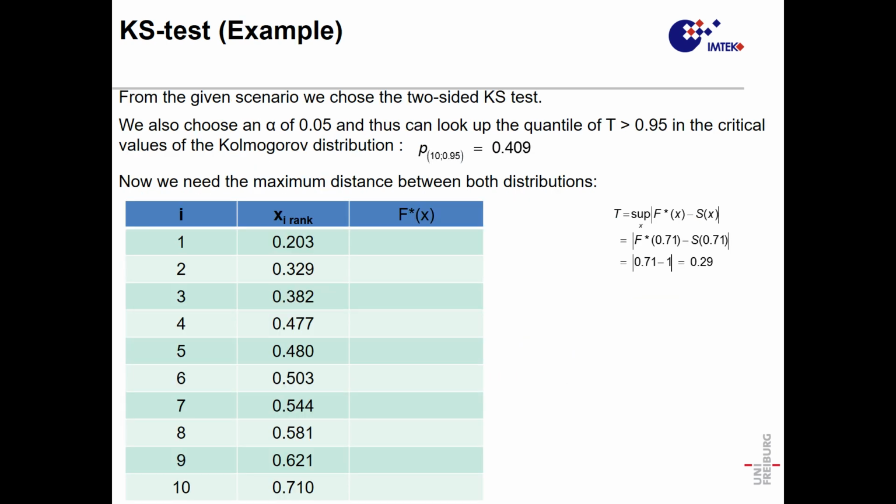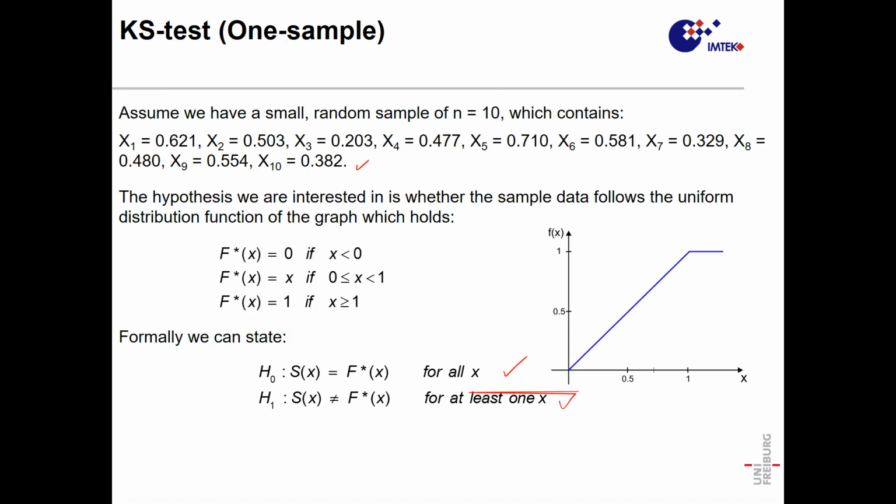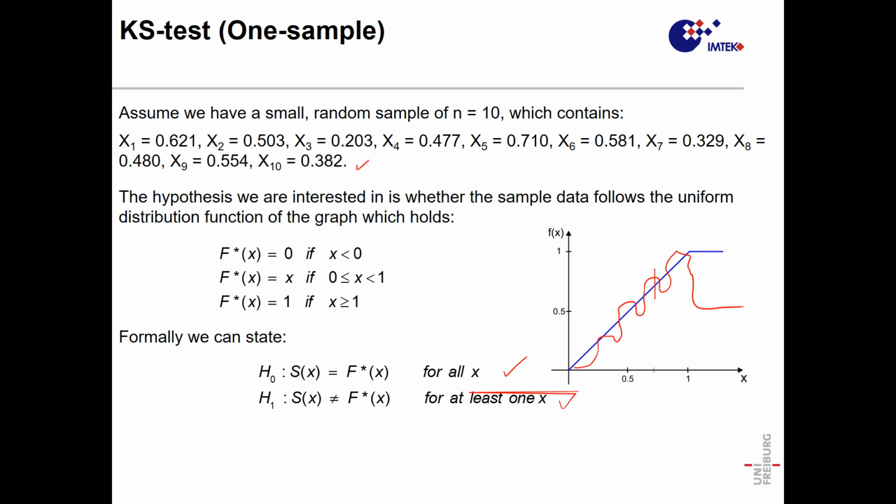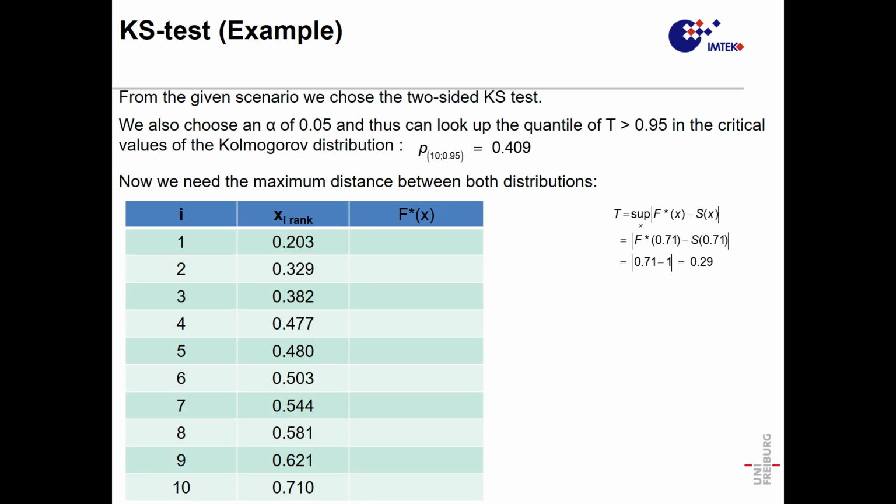So how do we do it? We have to calculate, depending on our data. I don't know how the data looks, to be honest, but we'll have something like that. And then we have to calculate the difference between the empirical and the theoretical distribution. So first of all, you will have to rank your data from the smallest to the largest, right?